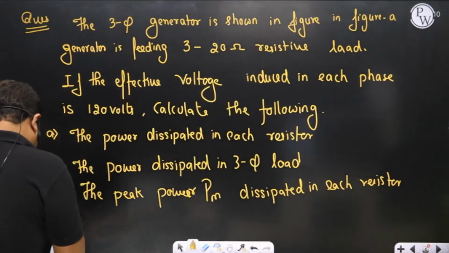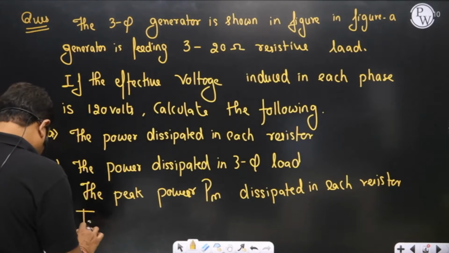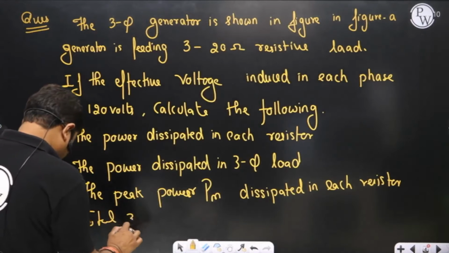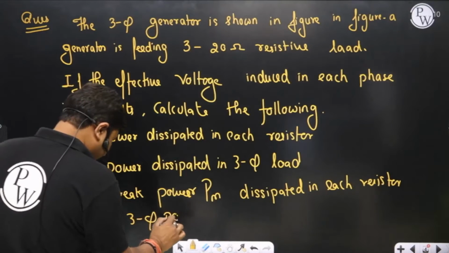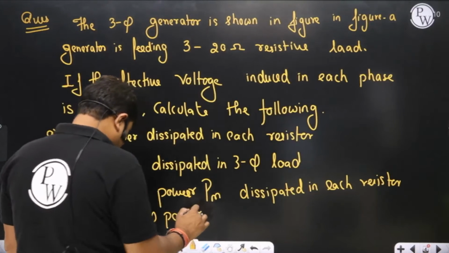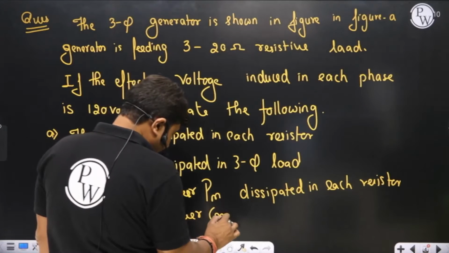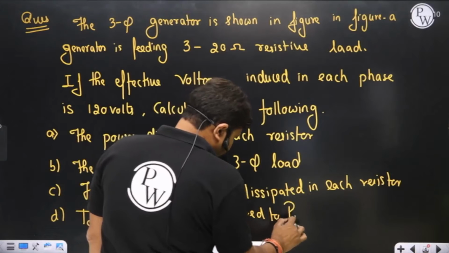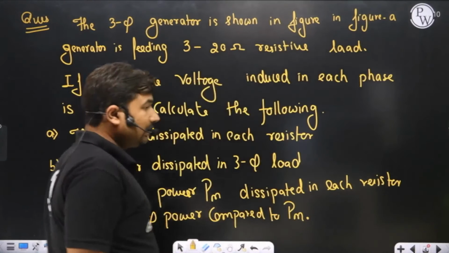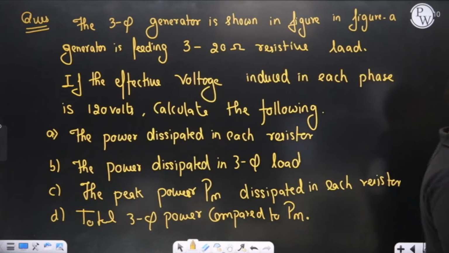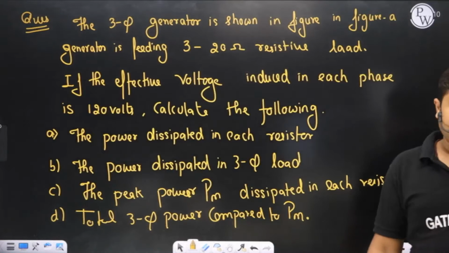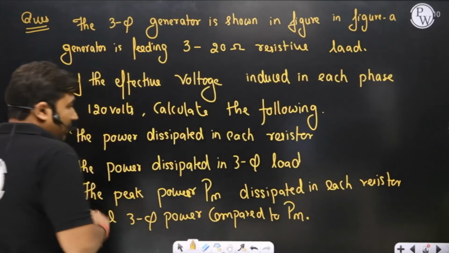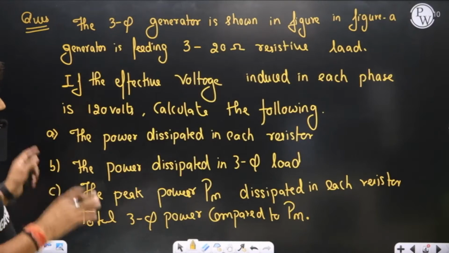And the last one, total three-phase power compared to PM. It's an important one, so I have represented the entire question.